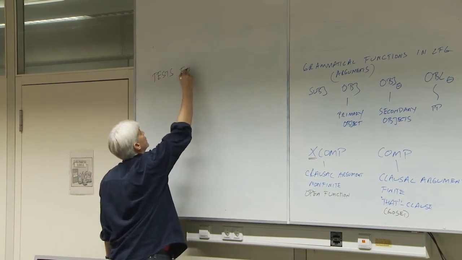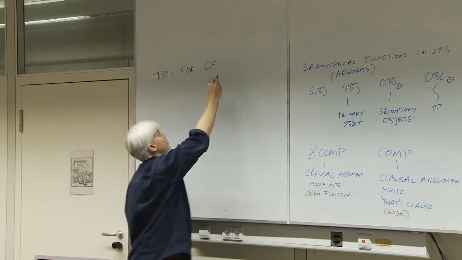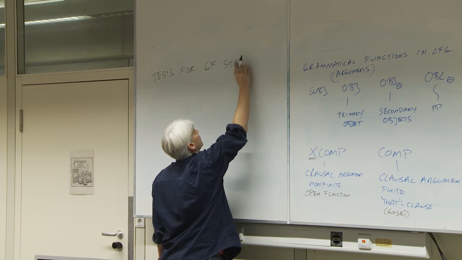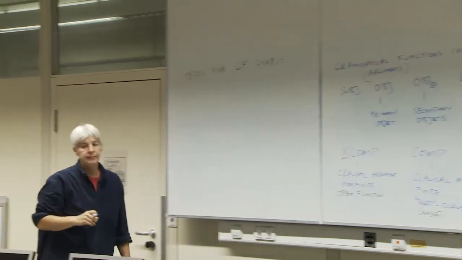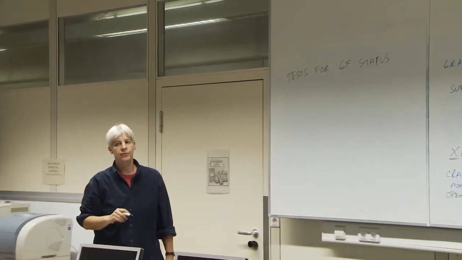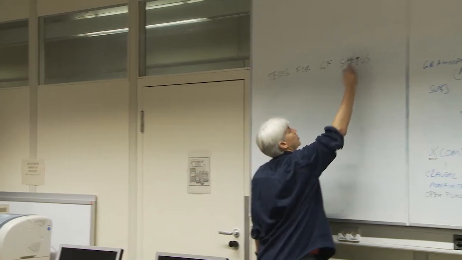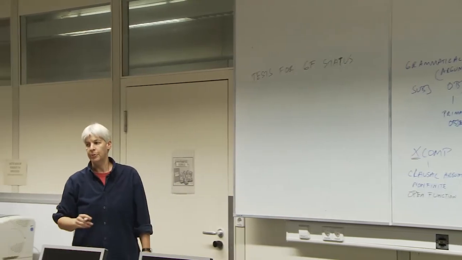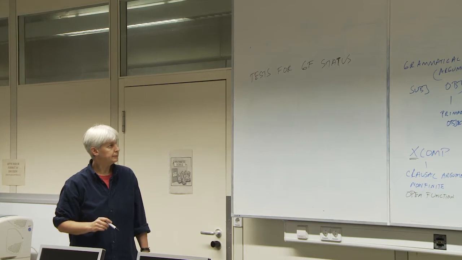So, tests for GF, and GF stands for grammatical function, status. There was some effort in the 70s, etc., to find some universal principles. It turns out that universal principles don't work. Each language has its own set of properties that come together to say that this is a subject, this is an object.